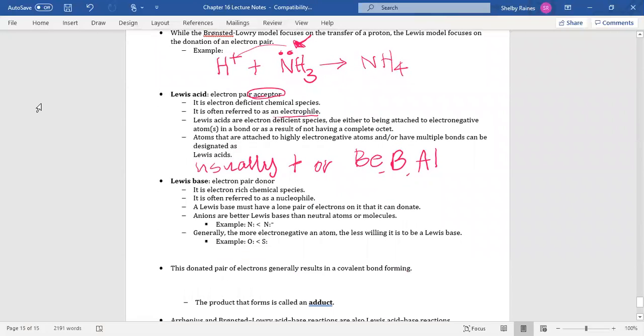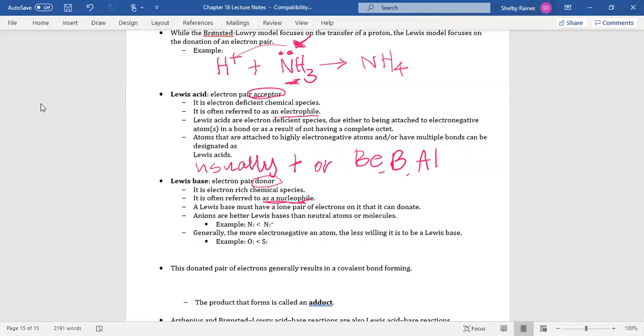Lewis bases then are your electron pair donor. So in this example, NH3 was a base. It is an electron-rich chemical species, and we refer to them as a nucleophile. It's looking for a nucleus to join. A Lewis base must have a lone pair of electrons that it can donate.